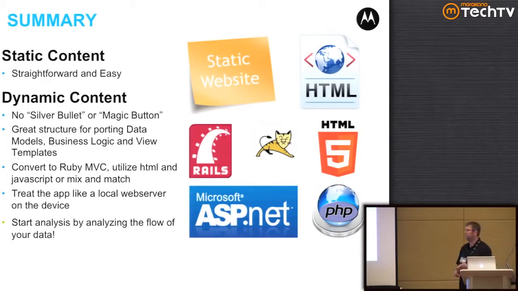You can take some of your business logic and put it in static HTML and JavaScript, or put some of it into our Ruby MVC framework, or pieces of both. It's one of the great things about our framework. It's very flexible. You have a lot of options. Treat the app like a local web server on the device, and first and foremost, start your analysis by analyzing the flow of data in your application.